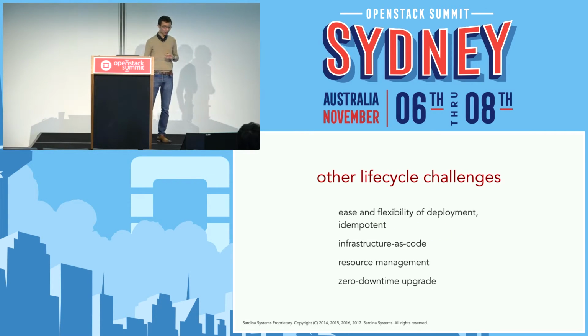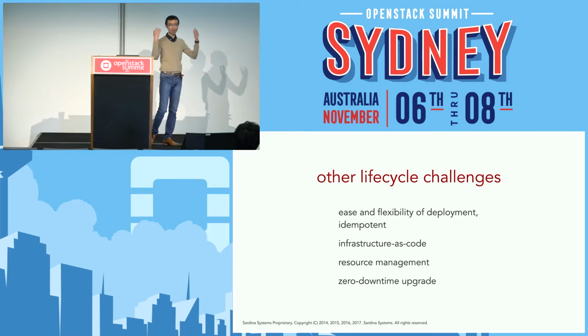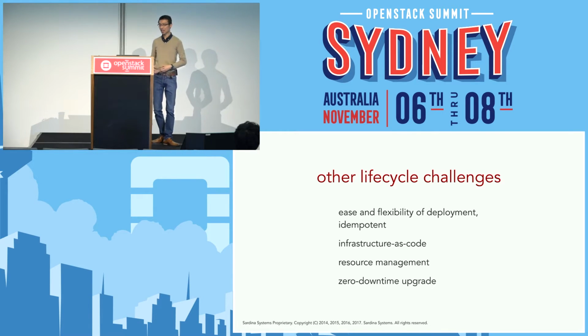In other parts of the life cycle, we've got various other challenges, like for deployment, where really what we want to do is get this thing up and running easily and flexibly.